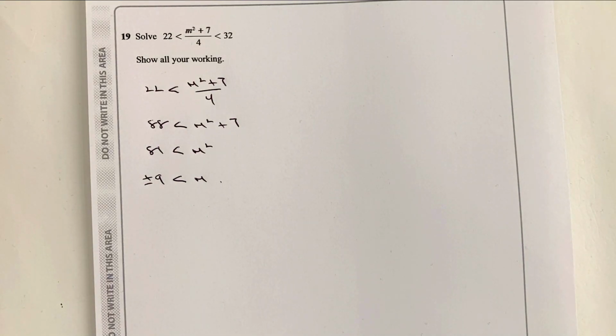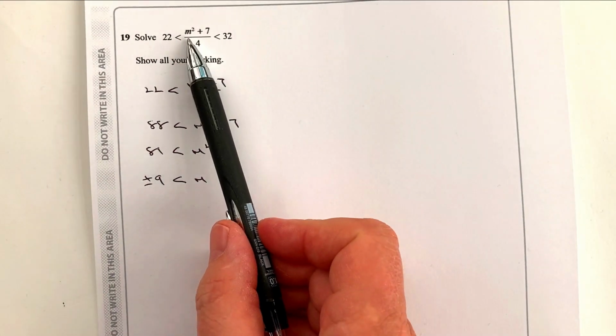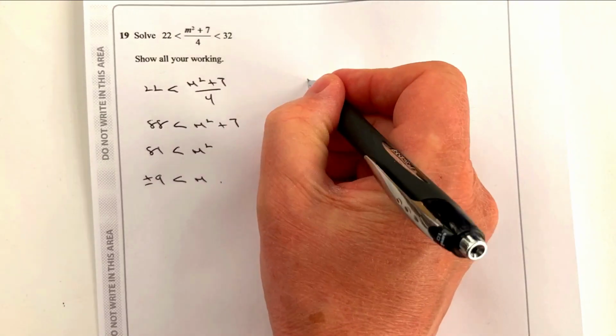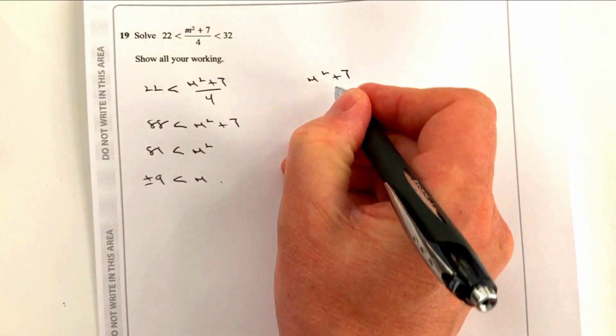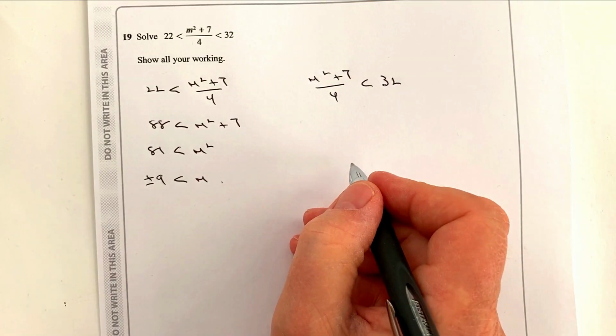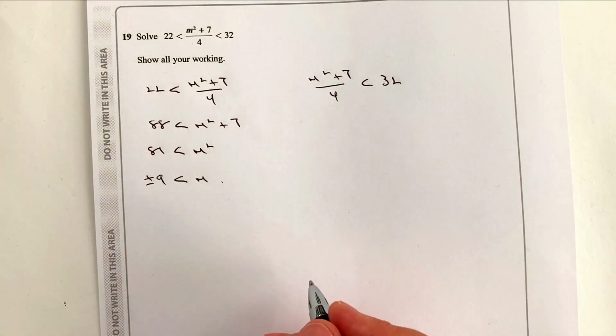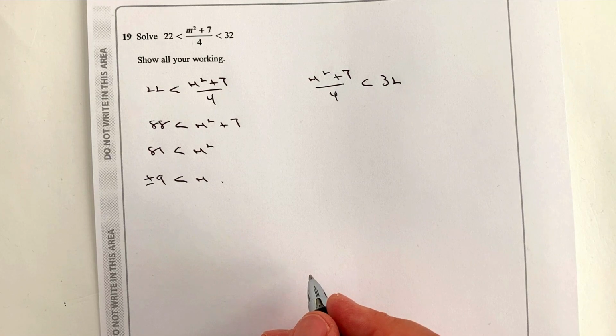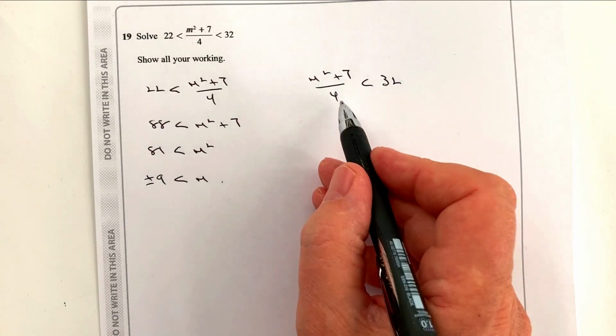So if I move on to looking at the other side, I'm going to write this out actually: m squared plus 7 over 4 is less than 32. Again, I'm going to do exactly the same exercise and multiply through by 4.